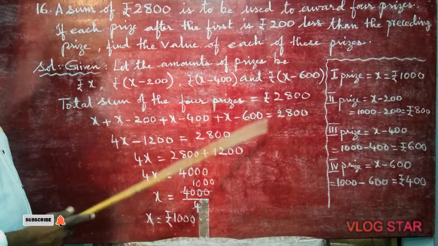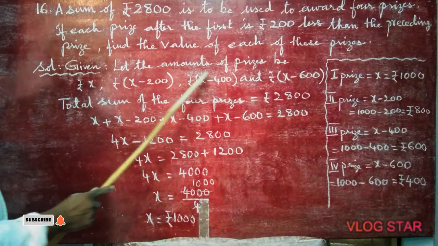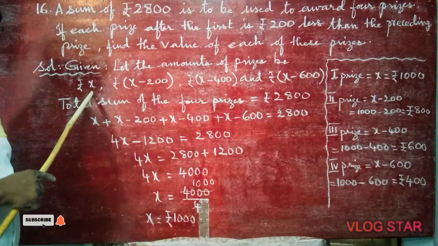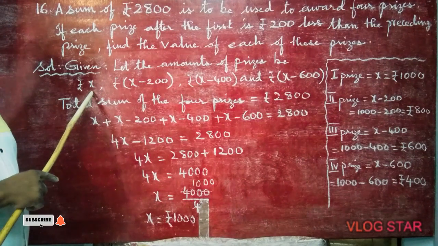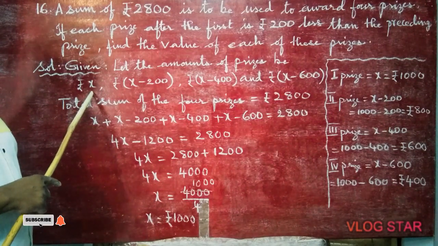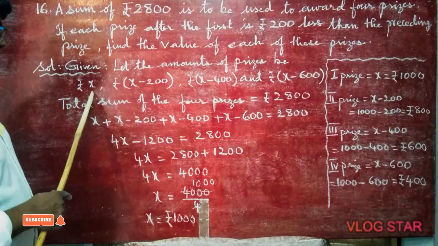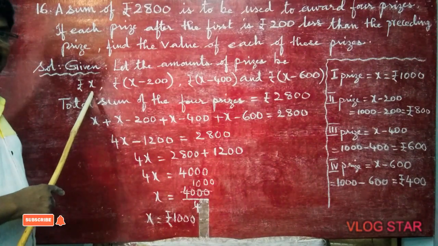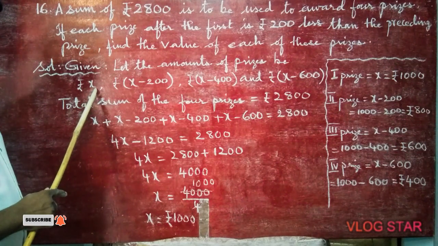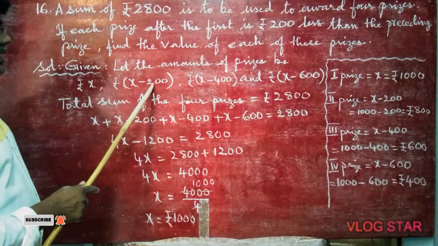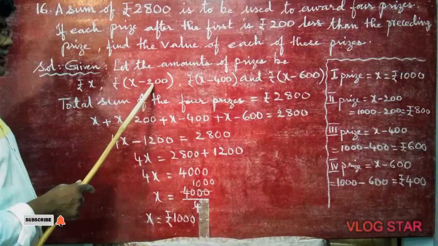Practically you can understand. Let the amounts of the prizes be, first we don't know, always we think as X. When we don't know the exact number or amount, X we will think. Keep in mind. X, comma, they told less than. So X minus 200.